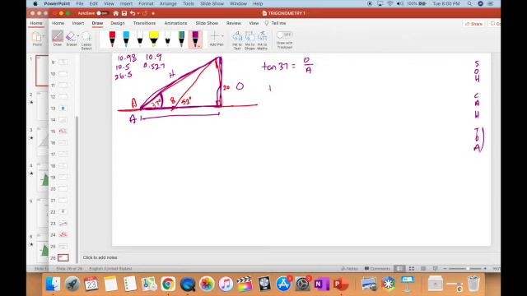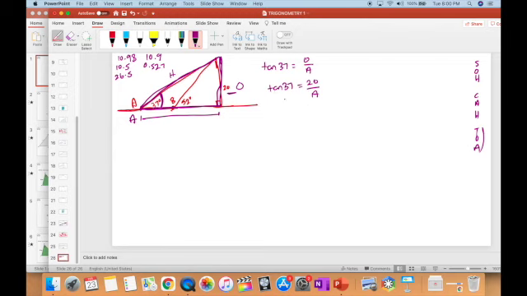The opposite is 20, over the adjacent, which we want to find, which is the long side, right?